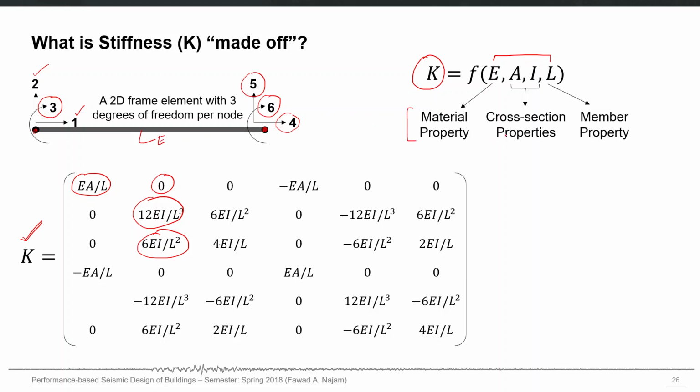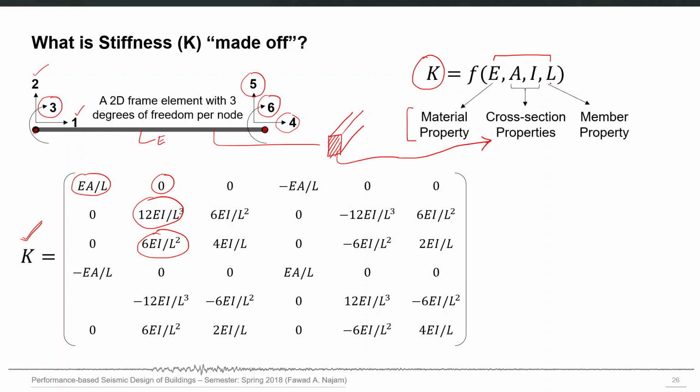A and I are the properties of the cross section from which this beam element or frame element is made. So for example, if this beam element has a rectangular cross section, this one, then this cross section will have a property A and I. A is the cross-sectional area, and I is the second moment of area about the centroidal axis.